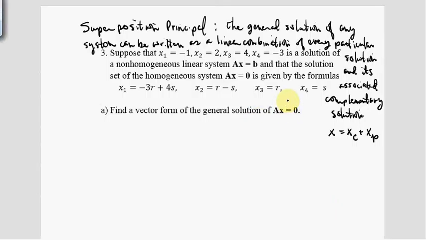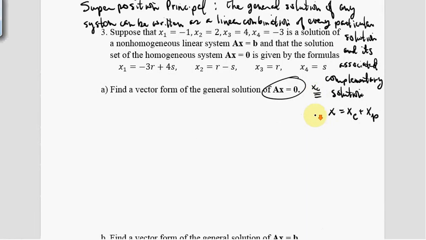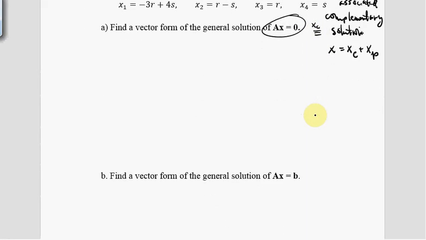When you solve for AX equal to 0, that solution space gives you X sub C. When you solve for a particular solution of AX equal to B, you get X sub P. But then the general solution of AX equal to B for all those would be X sub C plus X sub P. So here, a particular solution says that let B equal to this vector.